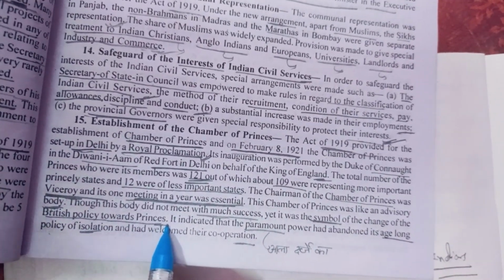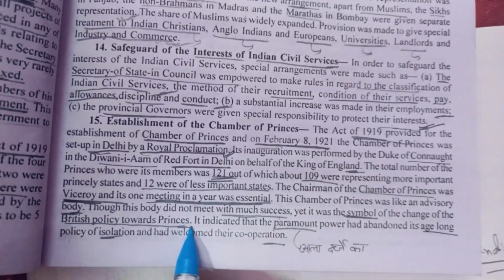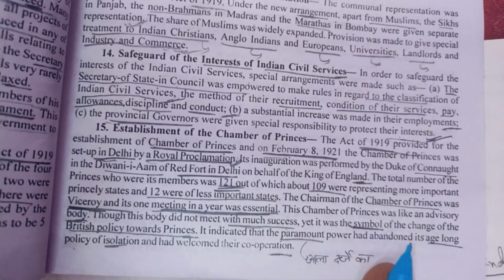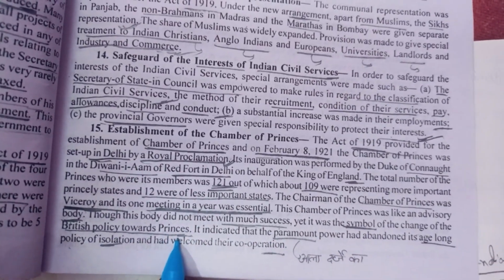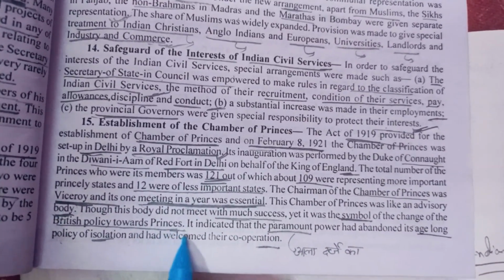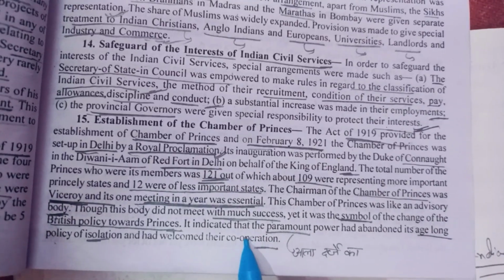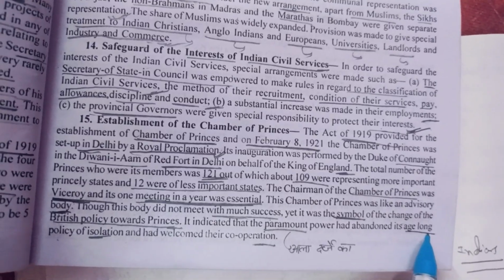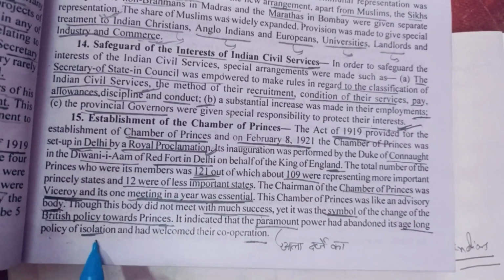It was not successful due to various other factors, but again it gave a symbol of the change in the British policy towards India and towards Indian princes. It indicated that the paramount power had abandoned its age-long policy of isolation.